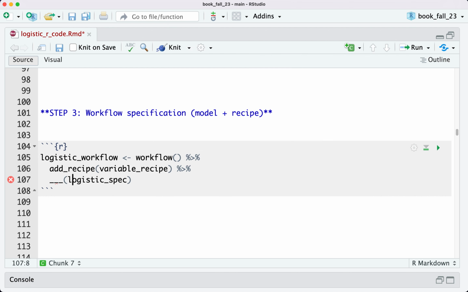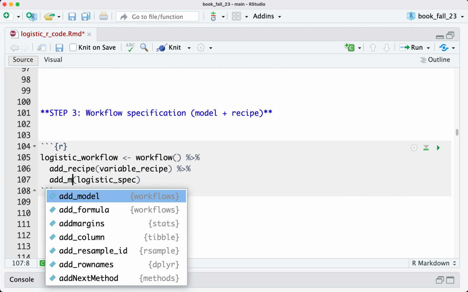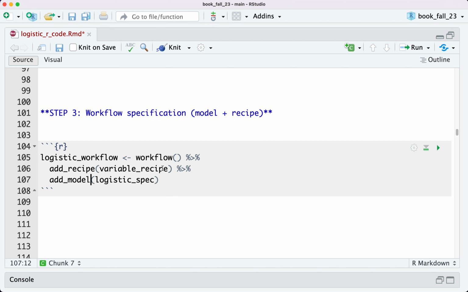And we add our model. And above, we stored our variable recipe as variable recipe, not very creative. And we stored our model as logistic spec. So now we have our workflow, but this workflow hasn't yet built any model. It's just specified basically the pieces of information that we are going to eventually use to build this model.